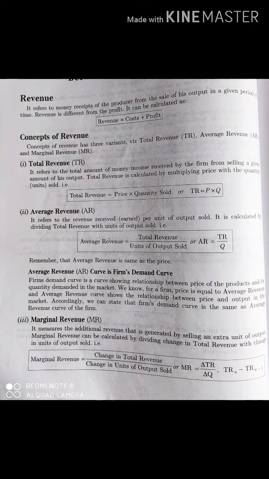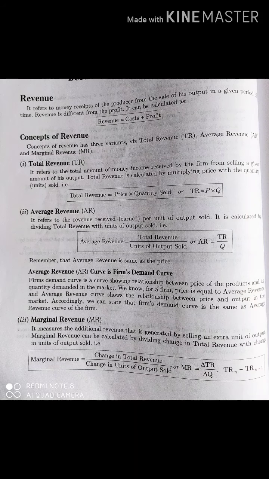So far we were going through the different types of cost and their meaning. Now we will go on with revenue. What is revenue exactly? It refers to the money received by the producer from the sale of his output in a given period of time.